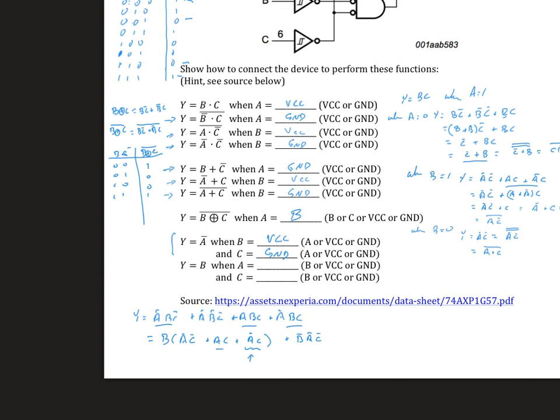This expression would be 0, that would be 0, but when we OR them all together, we'll have a 1. But that expression is 0. So we could either make A 0 and C 1, or A 1.